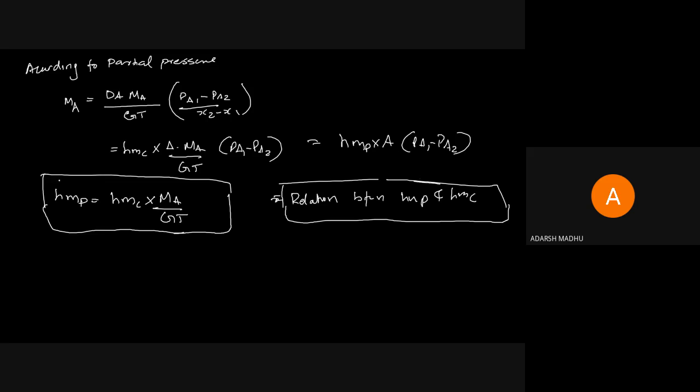Then you want to find out the correlations of convective mass transfer. That is Prandtl number, Schmidt number, Lewis number, Sherwood number, and some other numbers. It is in your data book itself, and by studying those values and equations, you can solve the problem of mass transfer coefficient. We are not using this equation in your problem.